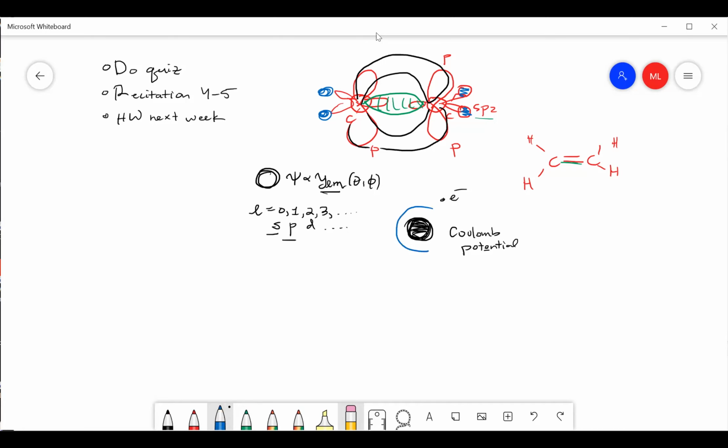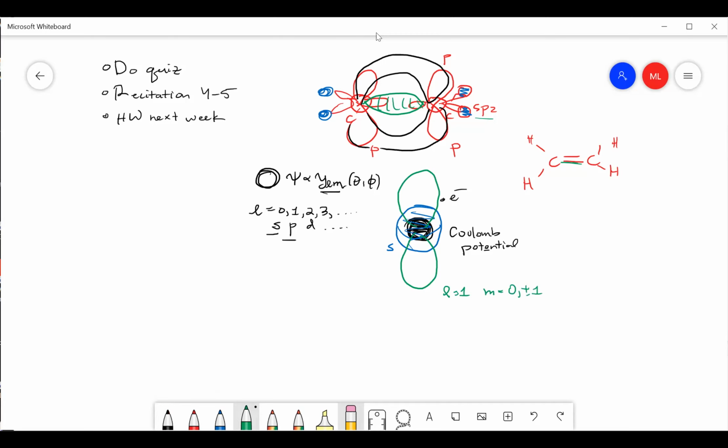That's the s orbital, the spherically symmetric orbital. Then you have the L equals 1 states. Those are going to have lobes like this, and those are the p orbitals. And how many are there? Well, it's L equals 1, so there's 3 m values, 0 and plus or minus 1.